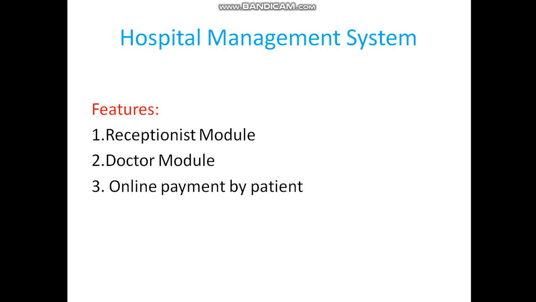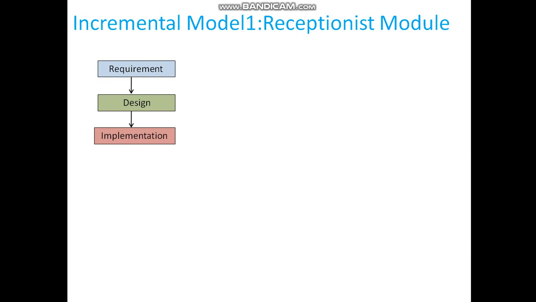If you can see the first feature, that is receptionist module, in increment 1, the name itself, increment 1, means they are initially concentrating on this particular feature. As per the phases of software development which we have seen in waterfall model, the same phases are there; only the way of dealing with each and every requirement is different and it varies phase-wise.